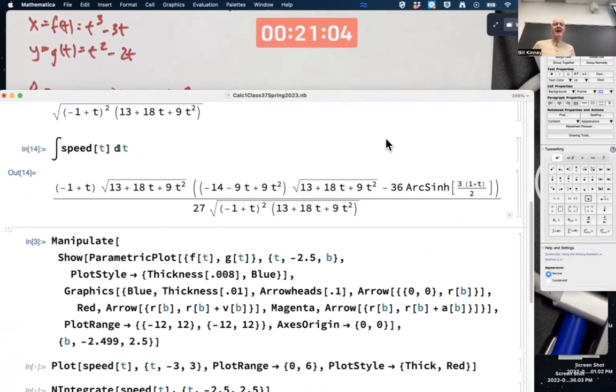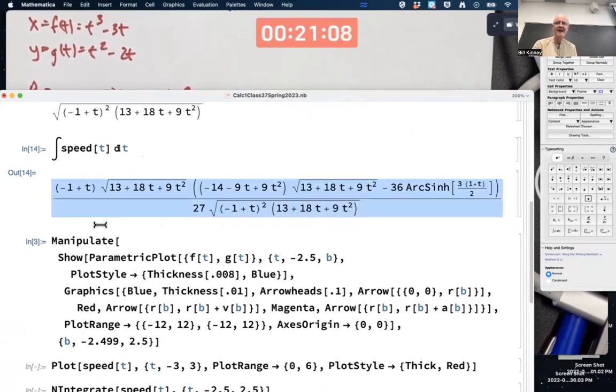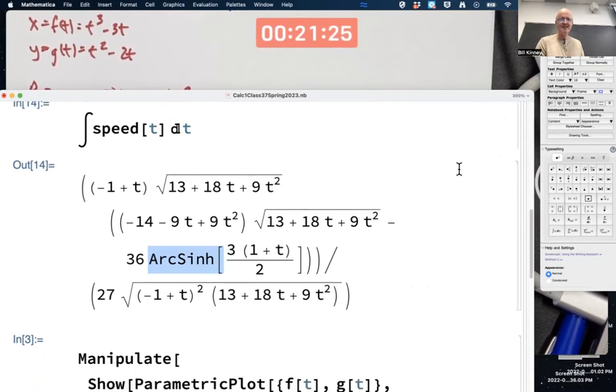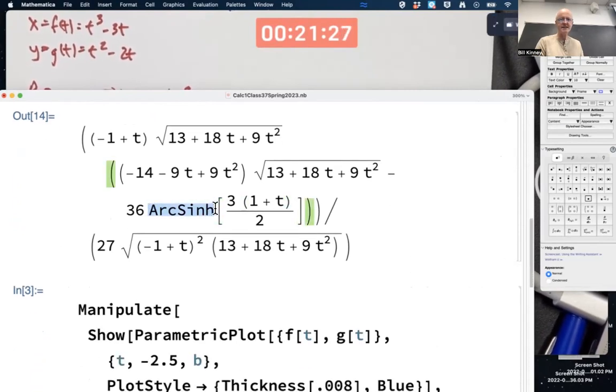Indefinite integral. Oh my, of course, that's obvious. Negative 1 plus t times the square root, blah, blah, blah. What's this? Arcsinch? Is that an H at the end there? It is an H. It's not arcsine, it's arcsinch.